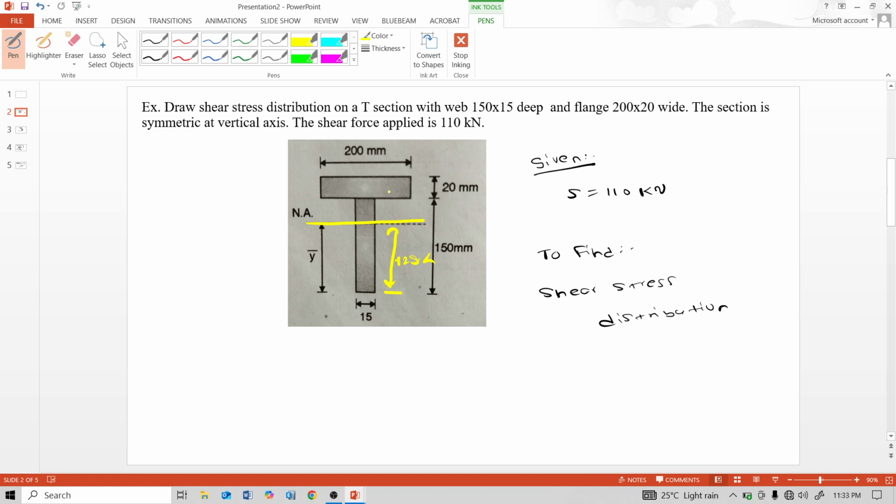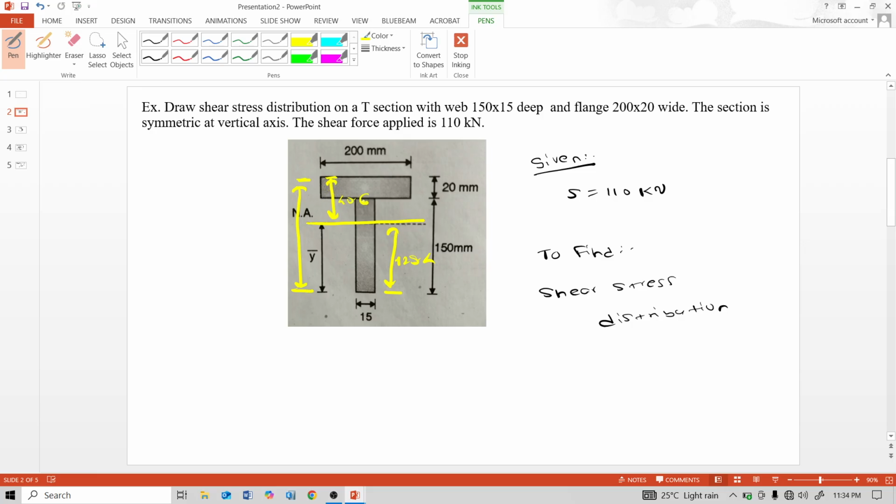So for finding this, consider this total distance is 170 mm, and this distance is 170 minus 129.4. That means 170 minus 129.4 is 40.6.